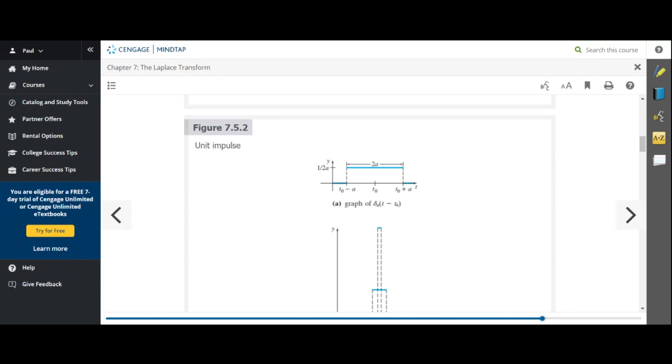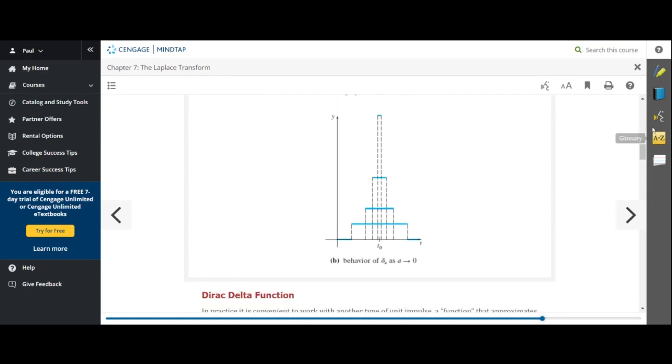So if we're consistent and always require that where the impulse occurs, the height of the impulse is 1 over 2a and the width is a time interval of 2a seconds, then what would happen if we were to decrease a?